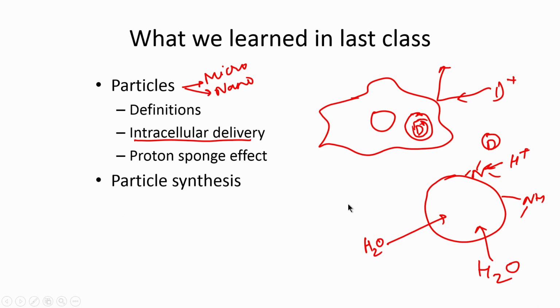Then we talked about a few of the particle synthesis methods, both chemical and physical. One last thing that we were talking about before we left in the last class was the solvent evaporation single emulsion method.